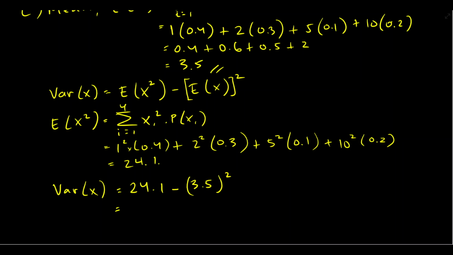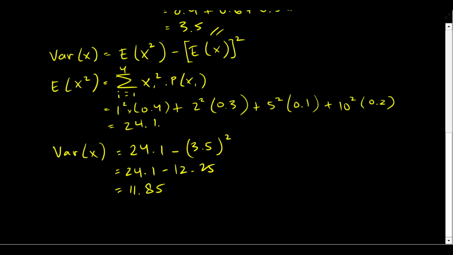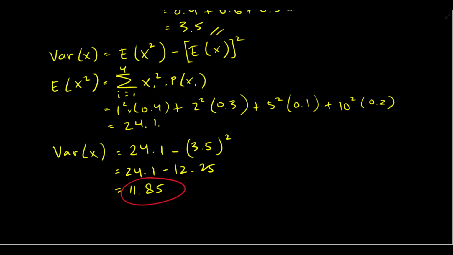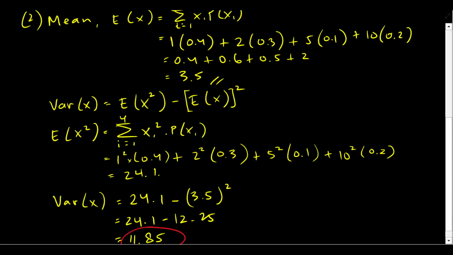So this is equal to 24.1 minus 12.25, which is equal to 11.85. So this is the answer for the variance, and this is the answer for the mean.